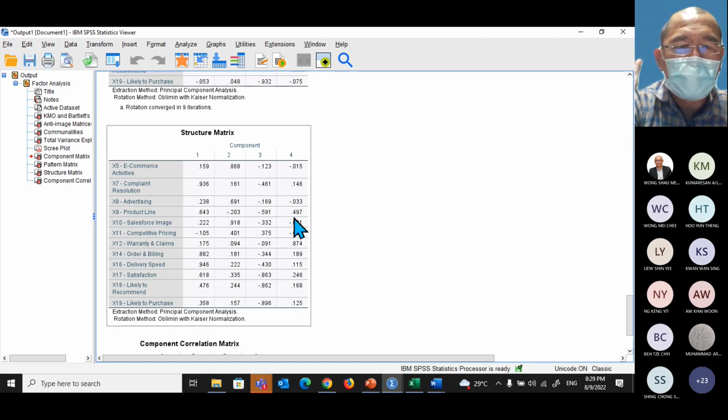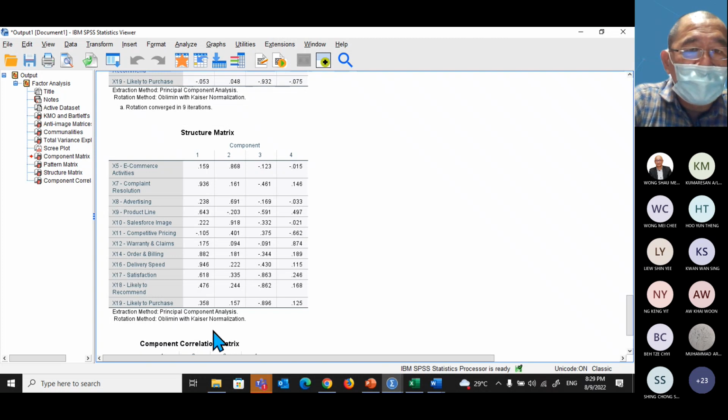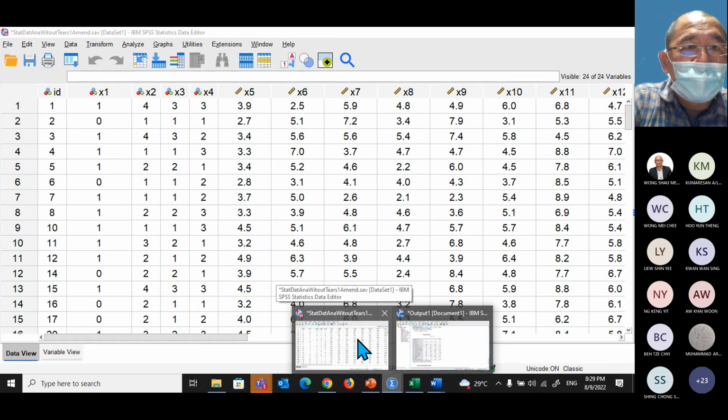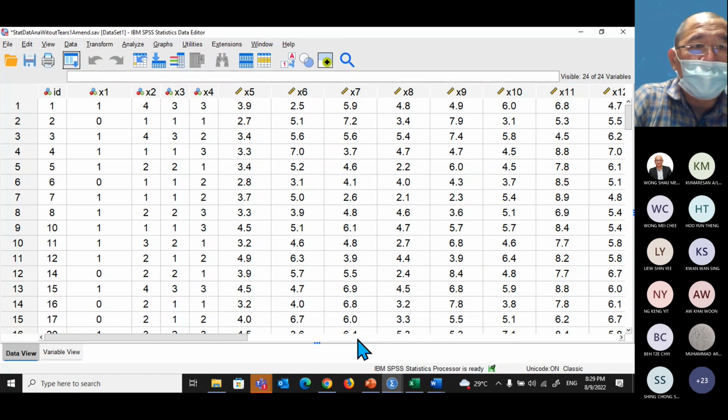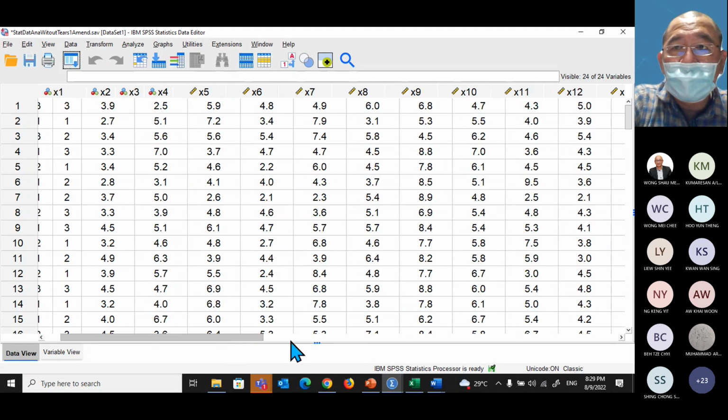Good question. It depends on you. If you use the factor score, it is not going to affect. We already have the factor scores here, because we saved the variables just now.